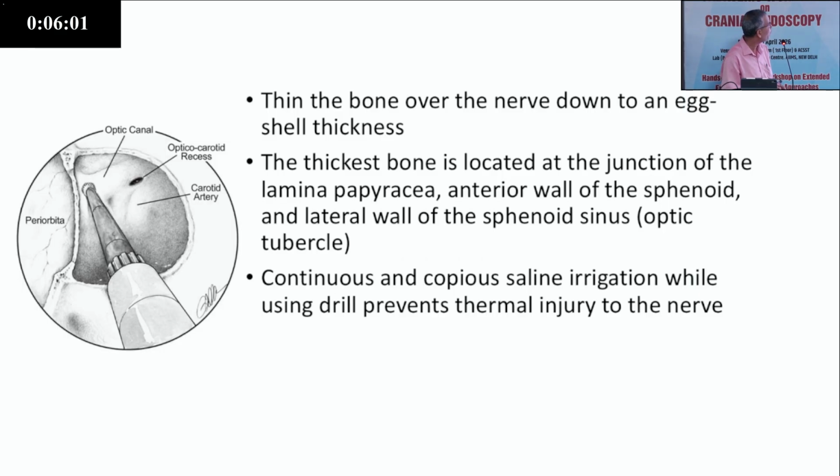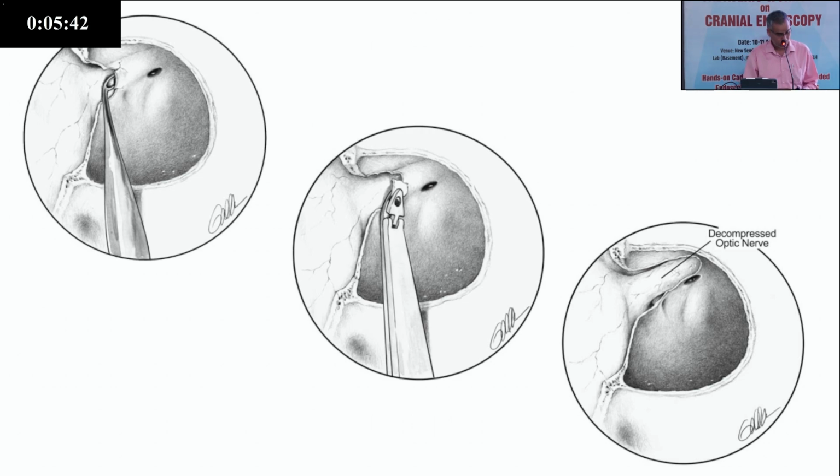This part, where the anterior face of the sphenoid is, is the thickest part. More often you will be able to take it off with the elevator, but if not, you make it thin, axial thinning, and then you can take your elevator and break it into small pieces and take that out.